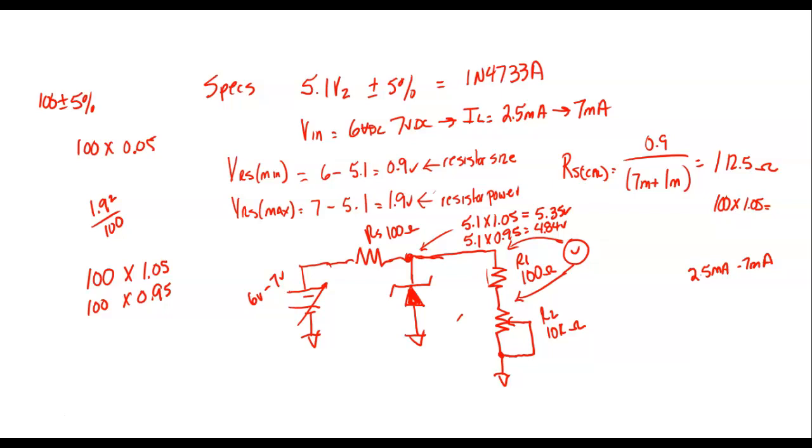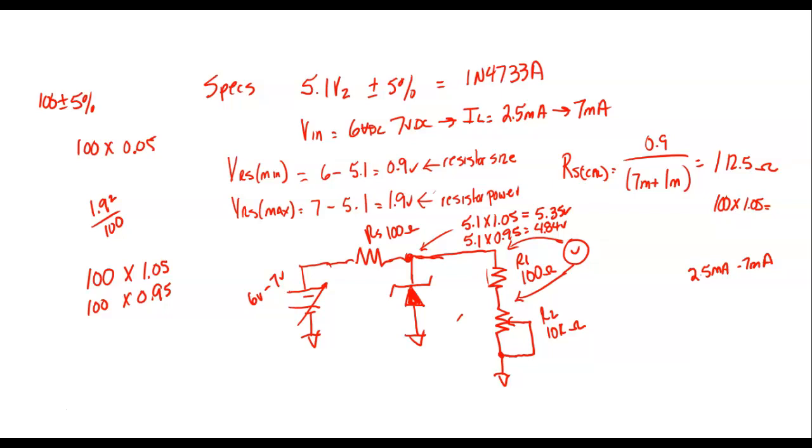So what we know is this is a 1N4733A. So that voltage might not be 5 volts, but if we design this right, it should always be within that range. And if it's within that range, then this Zener's doing what it needs to do. 10K.